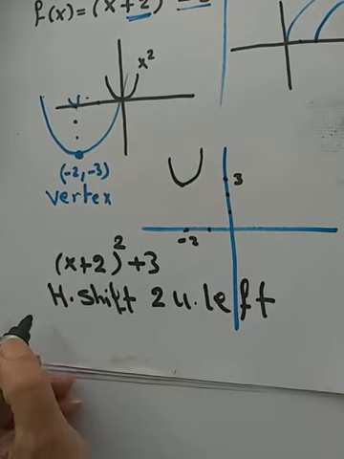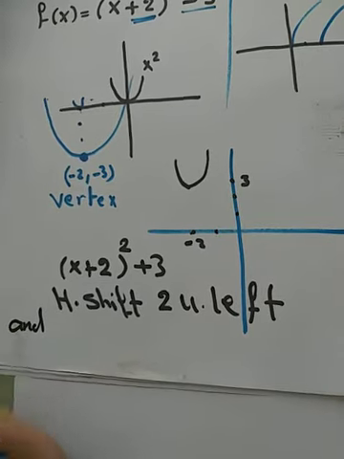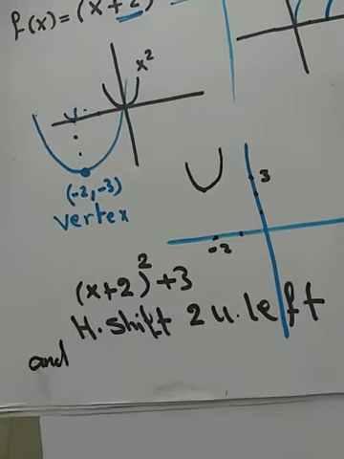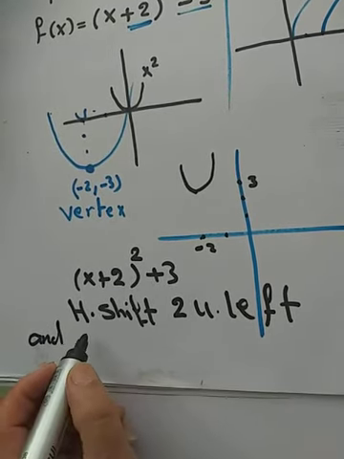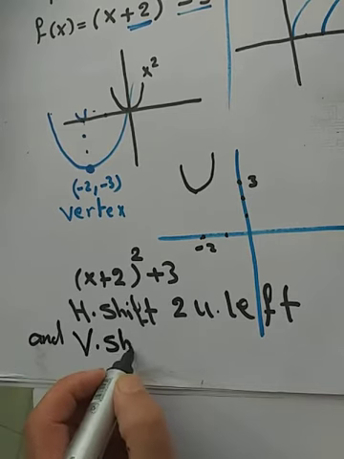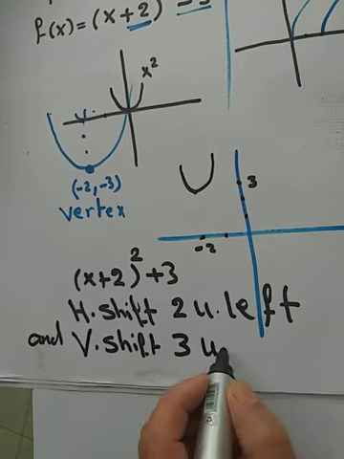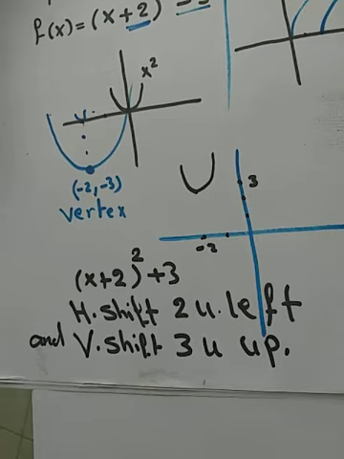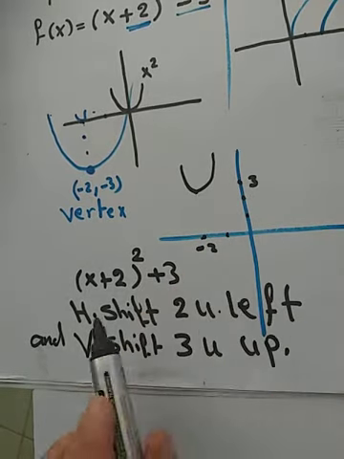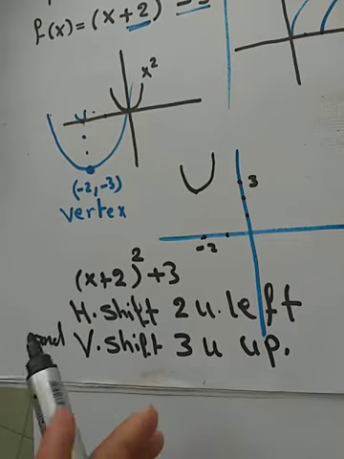And it's not all, this is only part. Vertical shift 3 units up. Okay, this is the description. Describe this graph, you say, horizontal shift 2 units to the left and vertical shift 3 units up.